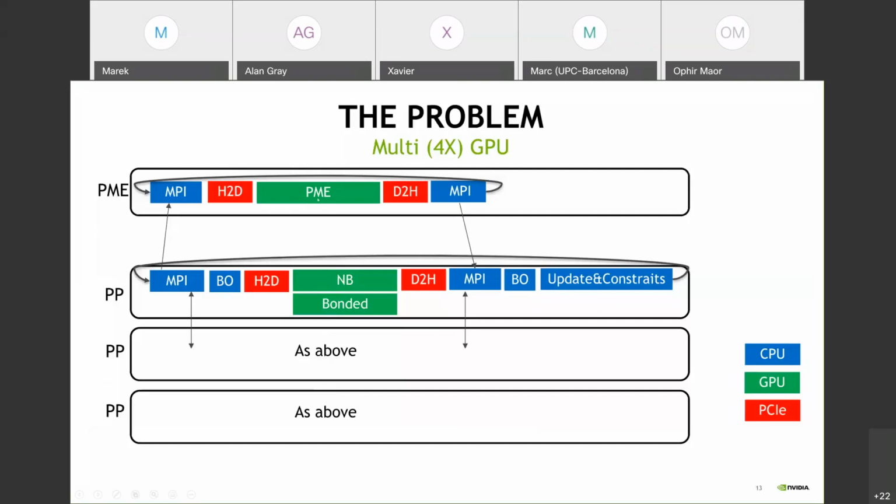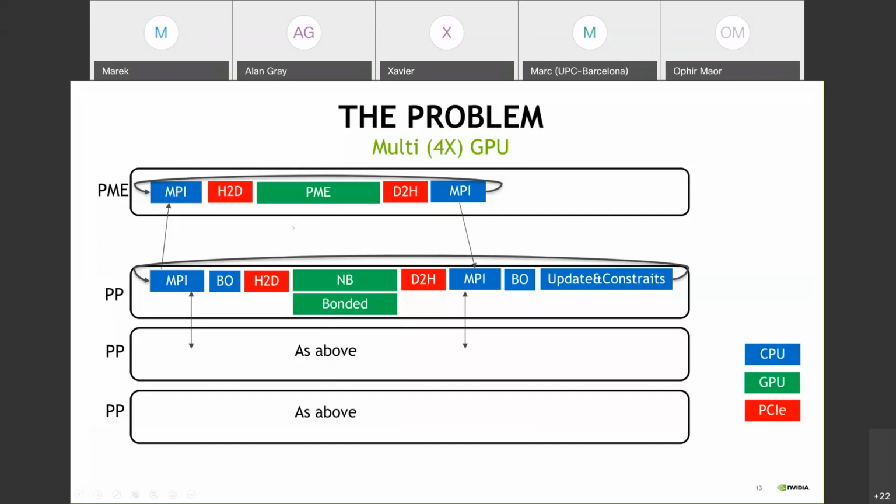Now a limitation at the moment is that Gromacs doesn't have the functionality to decompose PME forces across multiple GPUs. So that means that we typically get to a scale where we can't get any higher at the moment with the current version of Gromacs. And that's something that we're looking at the moment in terms of improving. But the problem is that the PME forces actually require Fourier transforms, which require all-to-all communications, so they're not particularly scalable.